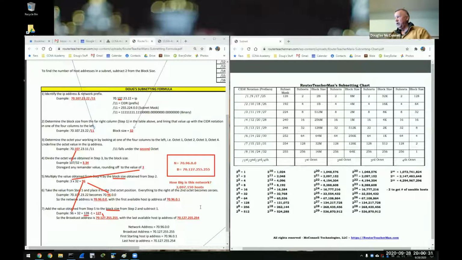What is the first host? The first one is 70.96.0.1. Yep, that's the first place that we can assign an IP address. Typically, that's going to be the default gateway of the router. Cool. What's the last address we can assign? 70.127.255.254.